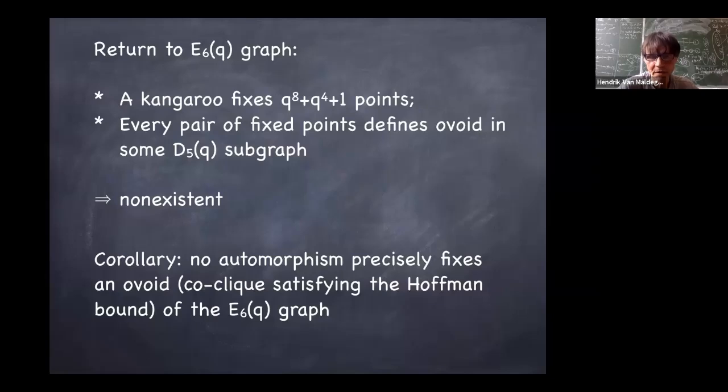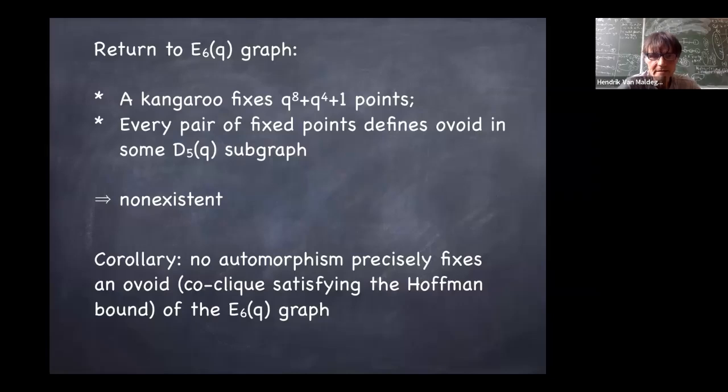But for the rest, he couldn't say anything about these ovoids in E6Q. But here we can say: don't look for them by trying to find automorphisms that precisely fix that ovoid. You won't find them, because there is no automorphism that does the job.